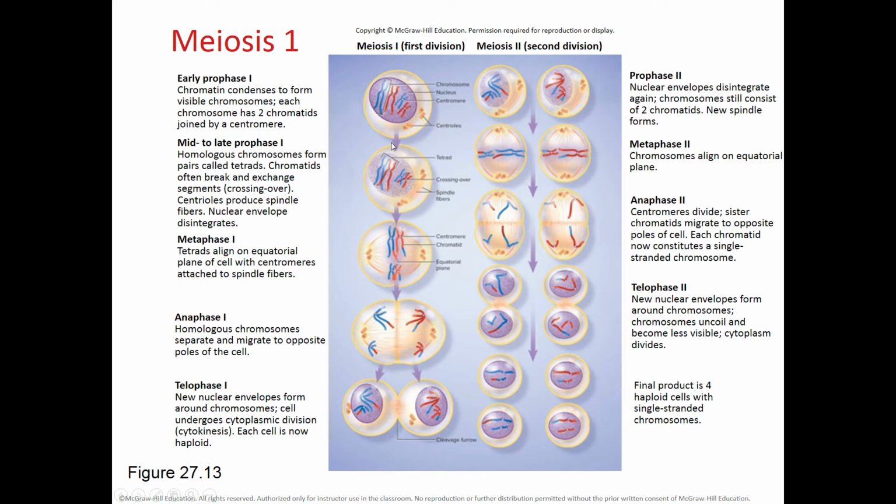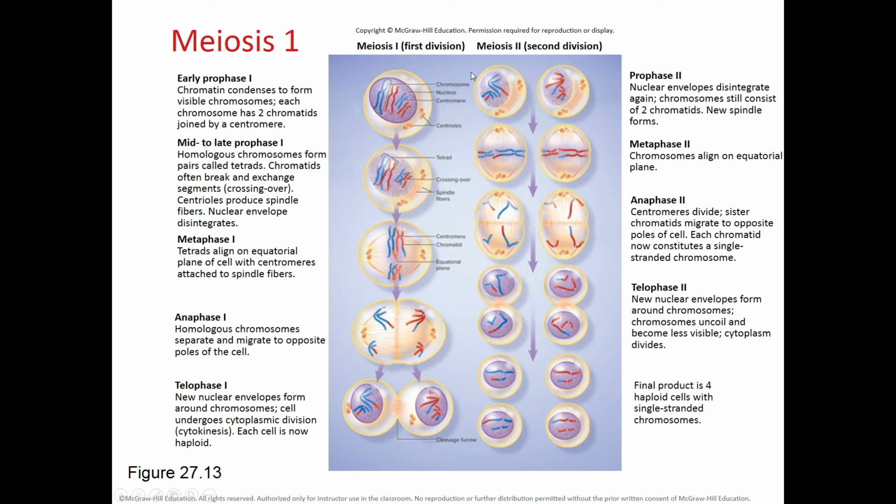And then in here you have two daughter cells that will be ready to start meiosis 2. In meiosis 2, you have again prophase, metaphase, anaphase, telophase, which will now be called prophase 2, metaphase 2, anaphase 2, and telophase 2.